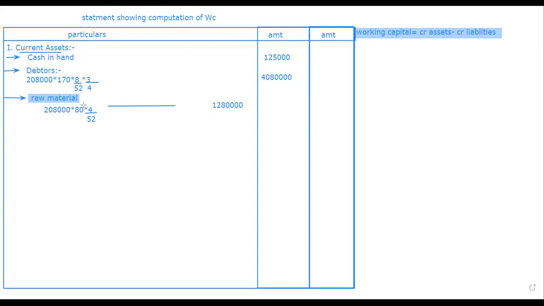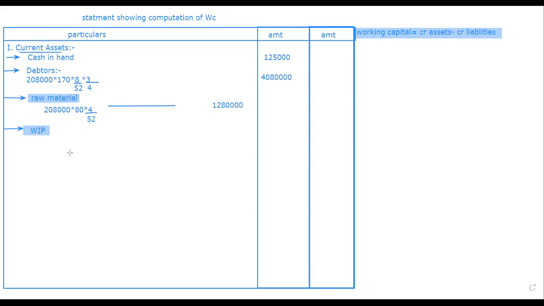Now we are getting into the second bit. So what is my second bit? It is my work in progress. Let me highlight it again. Now, please be careful. When it is raw material, I only consider the raw material price.